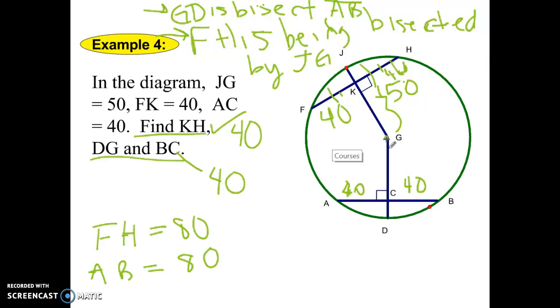So if JG is 50, then GD must be 50 as well, using that last theorem we had. All right, see you guys in class on Monday.